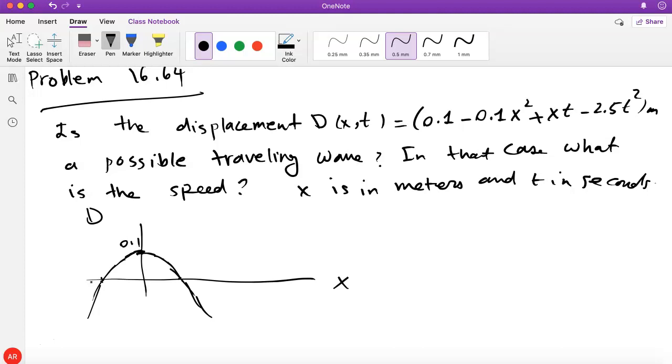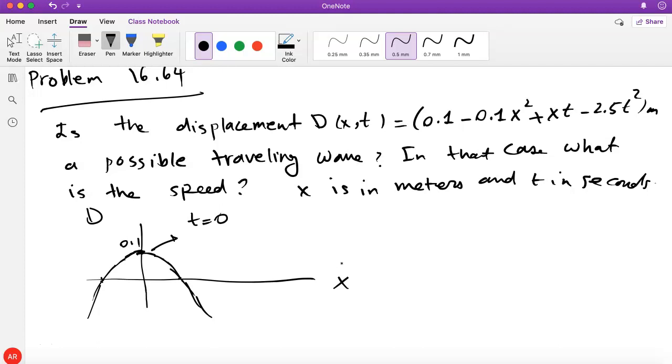And then a little bit later, want to see what it looks like. So let's say that's the shape at t equal 0.